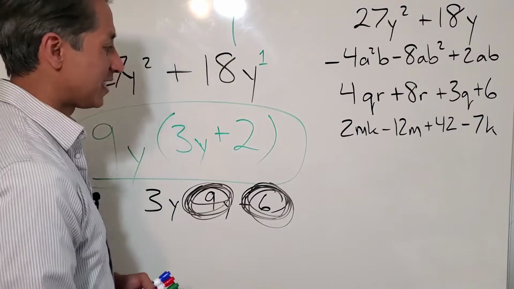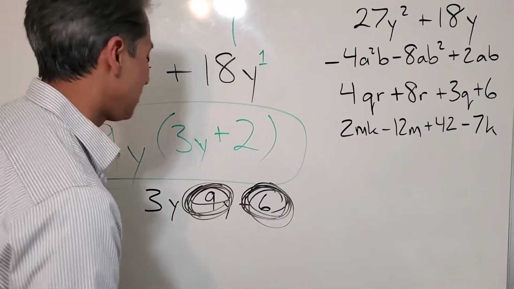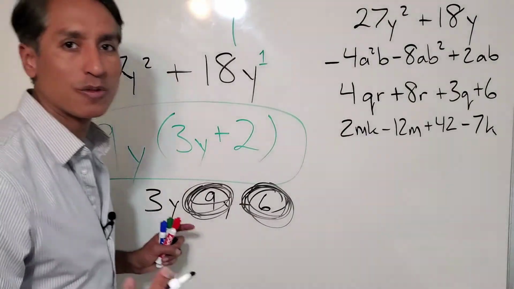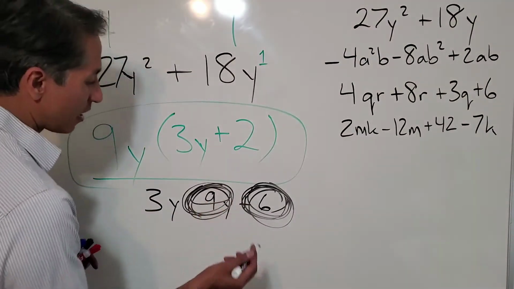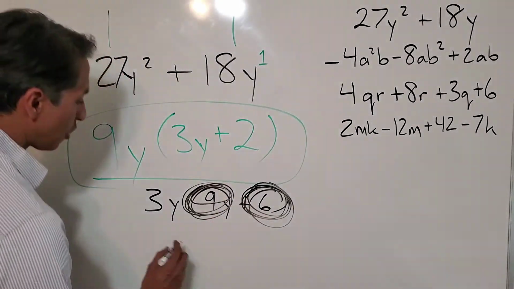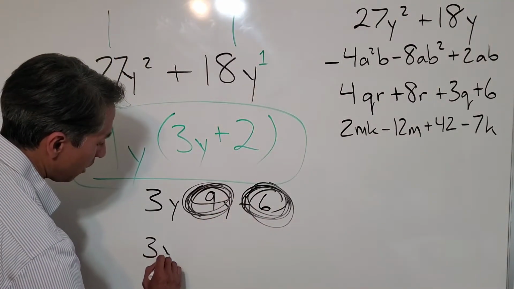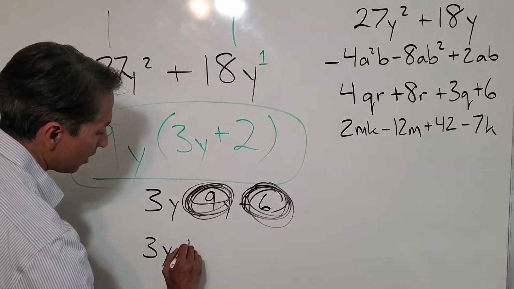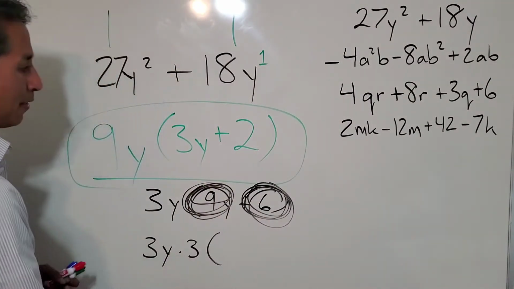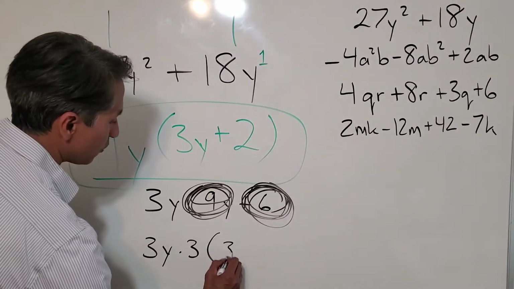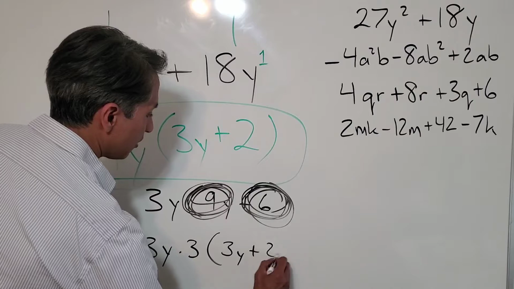Okay, it's not pretty, it's not the best way to do these, but sometimes students do that because they're like, oh, the greatest common factor was 3. And then they look at those and like, oh, you can divide both of those by 3. So then you end up with a 3y, you pull out a 3 from both of these again, times a 3, and then you get your final answer down at the bottom, which is what, 3y plus 2.